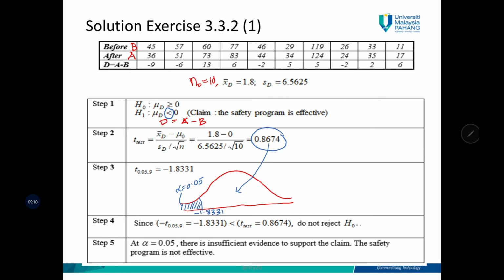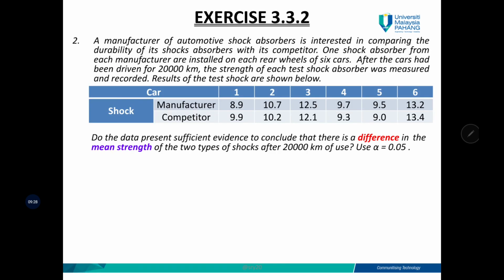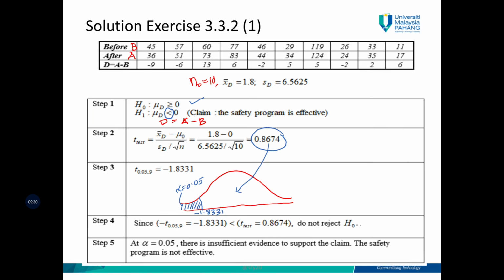The decision is do not reject H null, meaning that at alpha 0.05 we reject the claim. So we can say that the safety program is not effective.